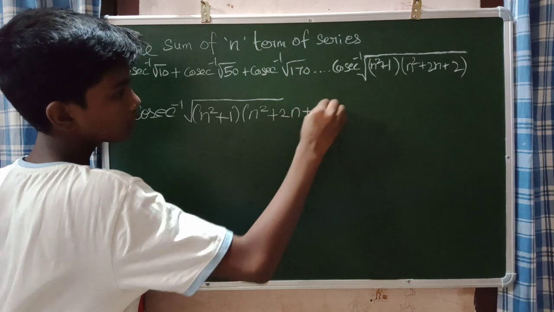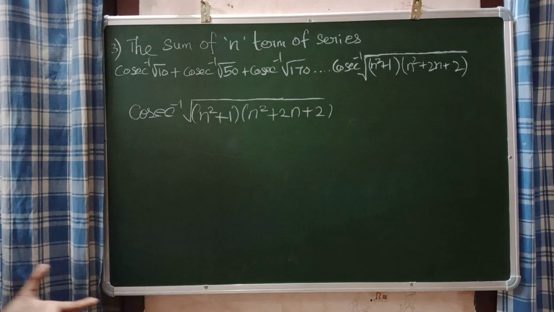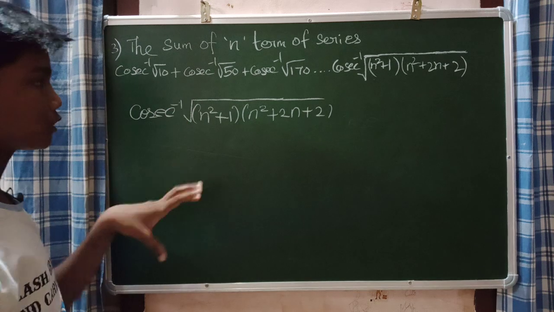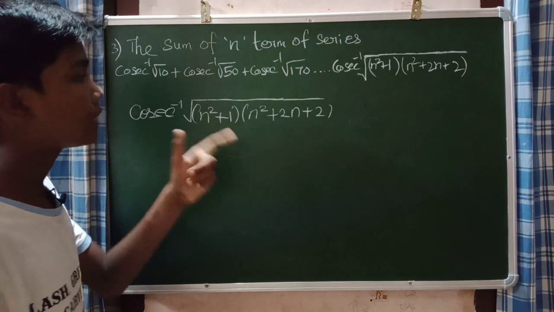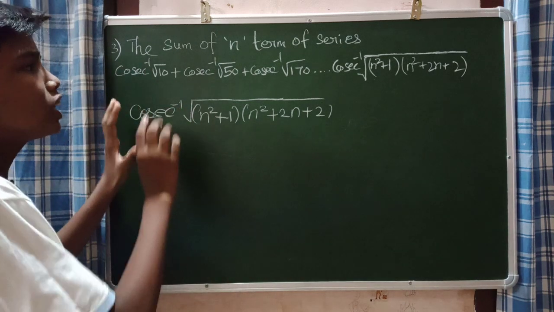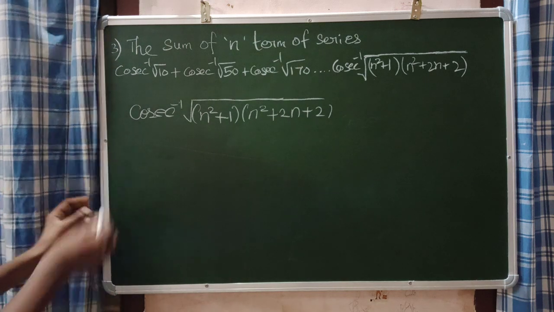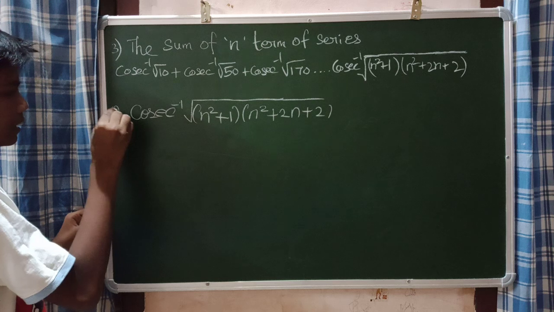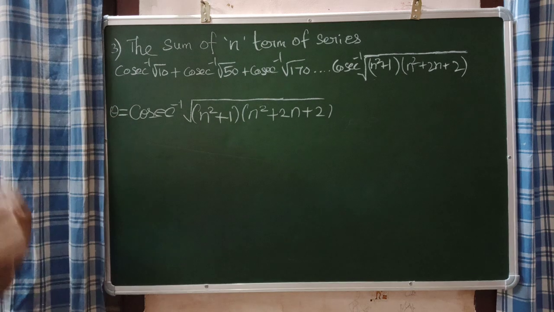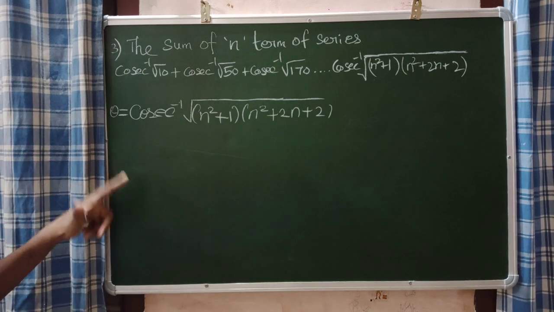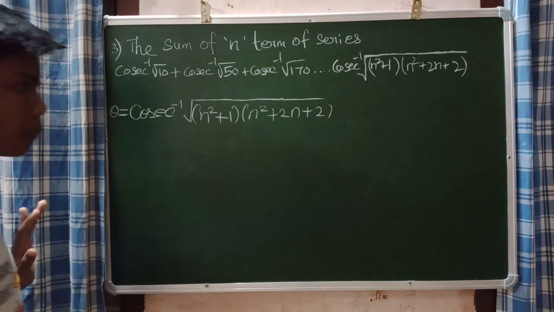This is the general term of this series, guys. General term means this is the general term. That means cosecant inverse of root of (n² + 1)(n² + 2n + 2) is the general term of this series. Now, let me say this general term of the series as some theta. So theta is equal to cosecant inverse of this value.